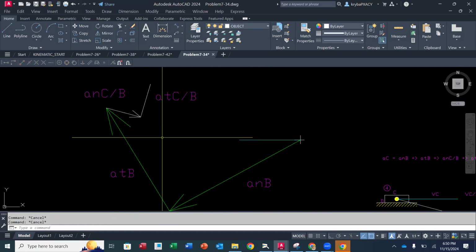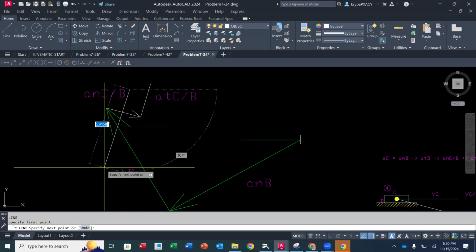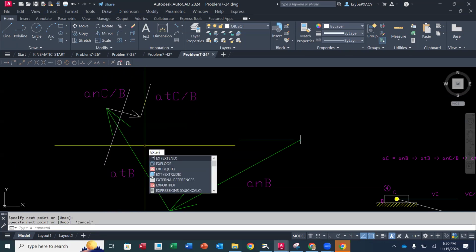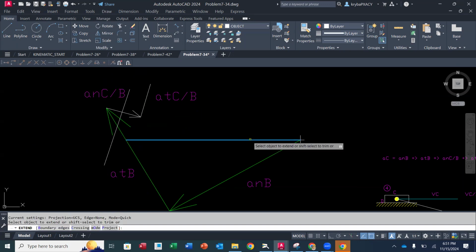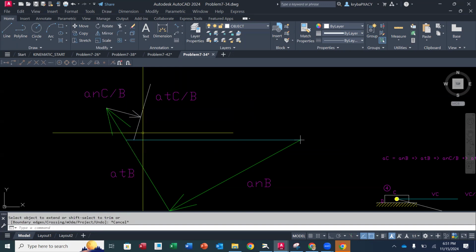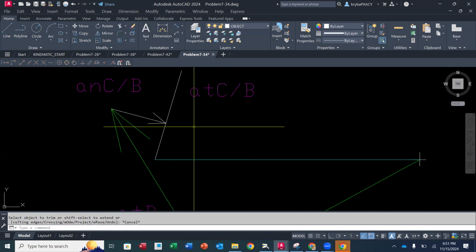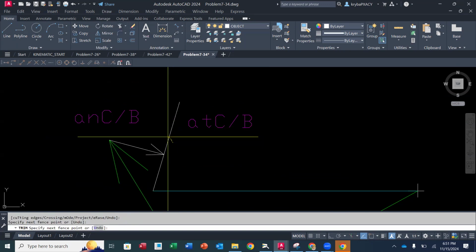So it looks like they're going to intersect over here. So I'm going to do an extend. I just had to draw that line as something that it could go to. And then I can extend this one down. And now that's where they're going to intersect. So I'm going to trim this part away and that part away.